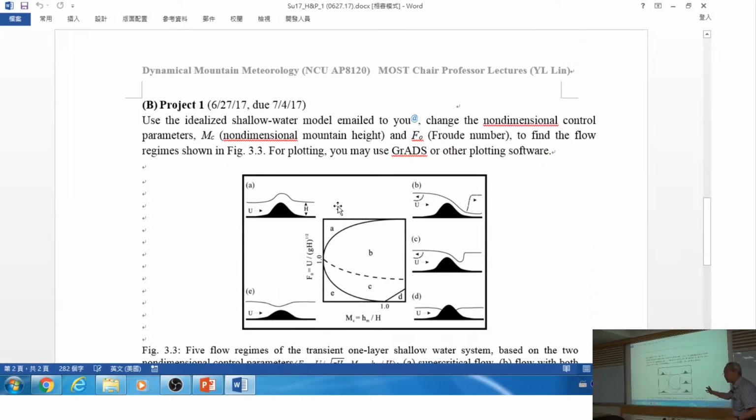You guys are very lucky because I have developed this model and I just give it to you free. It is a model where you change some combinations and it gives some experience. You should have a pretty good feeling about the model, and also the dynamics of the fluid models.